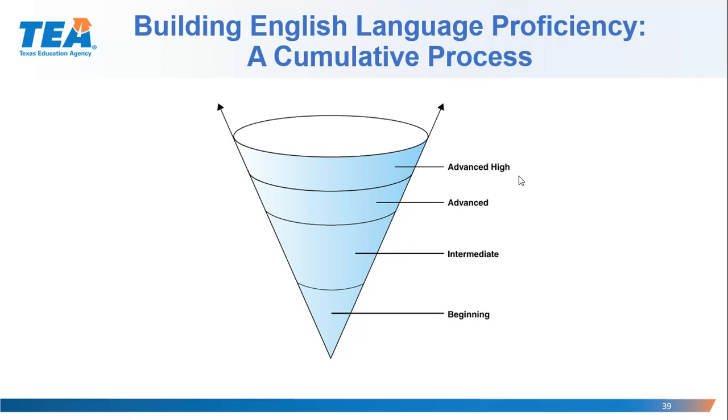This graphic illustrates that second language learning is a cumulative and spiraling building process. The language skills associated with a given level are prerequisite to the broader range of skills at the next level. The arrows indicate that language continues to develop beyond the advanced high level.